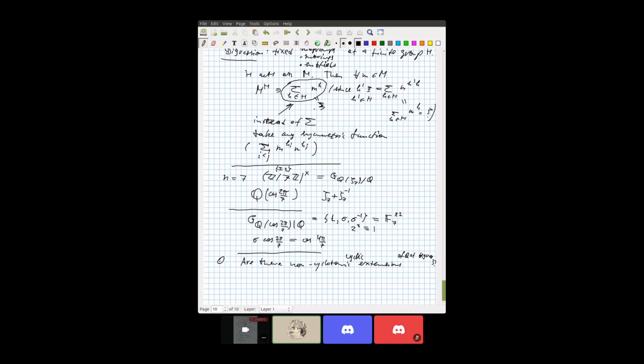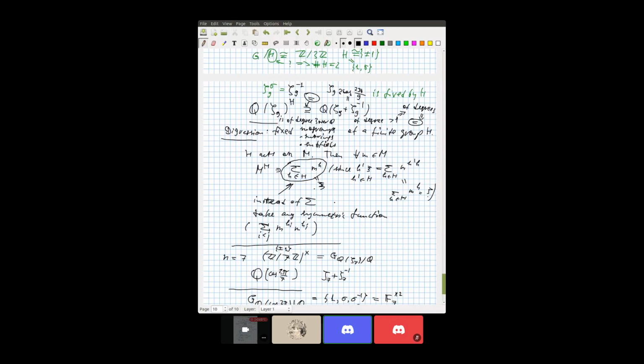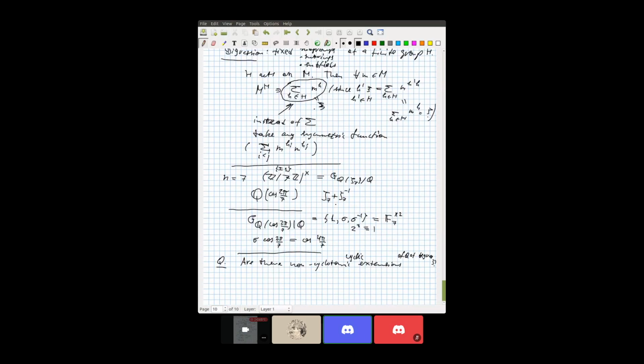And what's the difference between cyclotomic and cyclic? They have nothing to do with each other. You see that cyclotomic means that they are obtained by adjoining roots of unity. Maybe I have not given this definition.